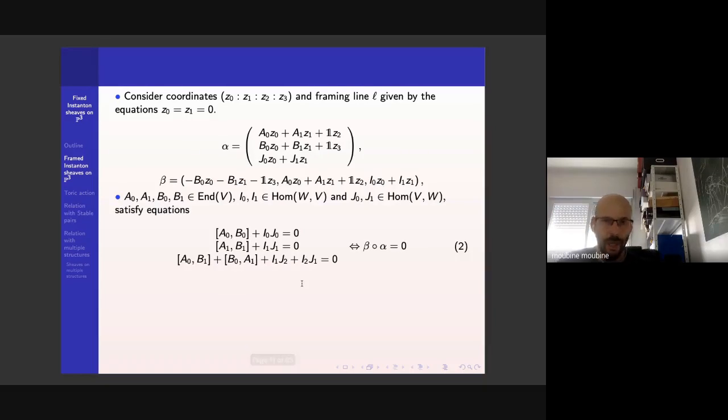And the relations are given by these equations. And these equations are actually equivalent to the fact that beta composed with alpha is 0. So this is the complex condition on the monad.